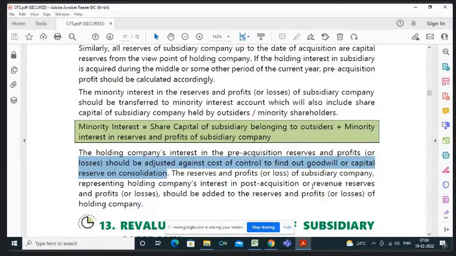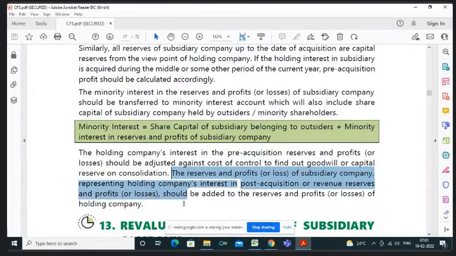The reserves and profits of the subsidiary company representing the holding company's interest in post-acquisition or revenue reserves and profits should be added to the reserves and profits of the holding company. So this pre-acquisition, post-acquisition distinction is only for the holding company's interest, not for the minority interest. If it is pre-acquisition, we consider it in calculating the cost of control. If it is post-acquisition, we simply add it to the respective profits and losses and reserves and surplus of the holding company.